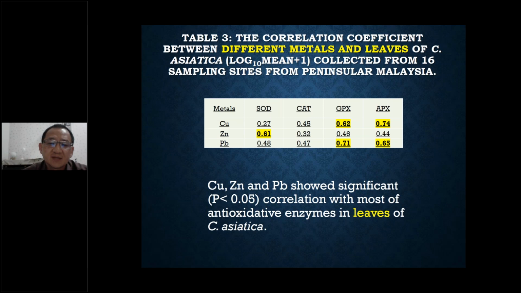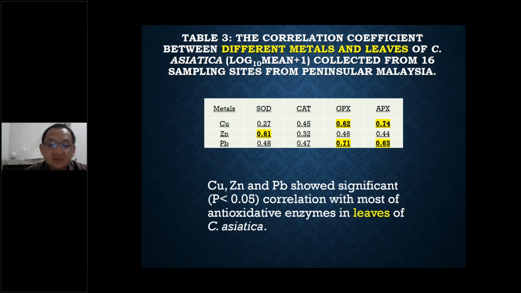This shows that a raised level of copper in the leaves of the Centella is followed by higher levels of GPX and APX, and high levels of zinc in the leaves are followed by high levels of SOD. Similarly, high levels of Pb in the leaves of Centella are followed by significantly high levels of GPX and APX.